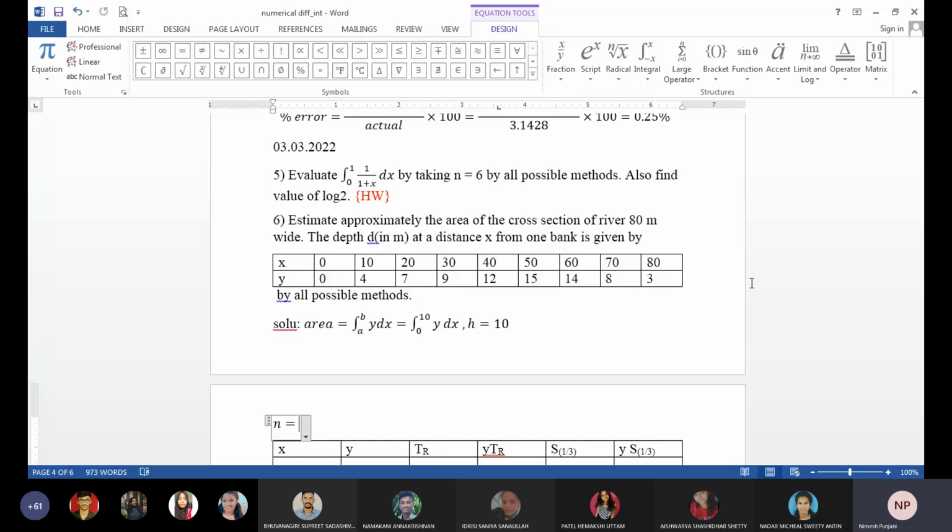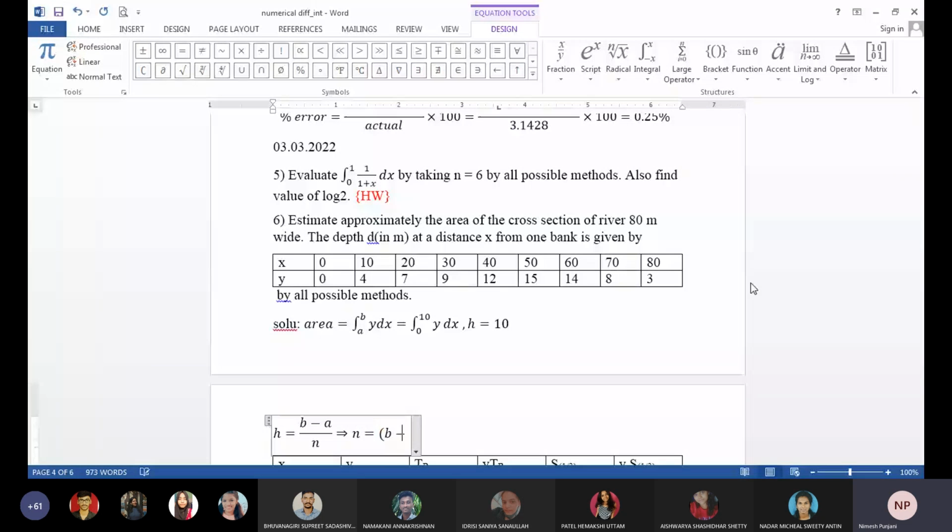Otherwise, what you can do is you can use the formula of your h, b minus a upon n. So using this formula, n will be b minus a divided by h. So b here is 80, a is 0, divided by h.